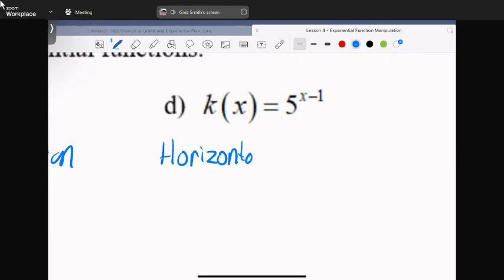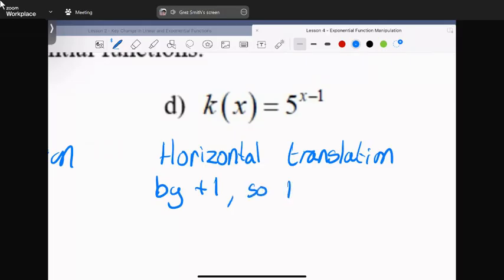Abdallah, what's it going to be? Horizontal translation? Translation by +1. So 1 unit, which direction? To the right.